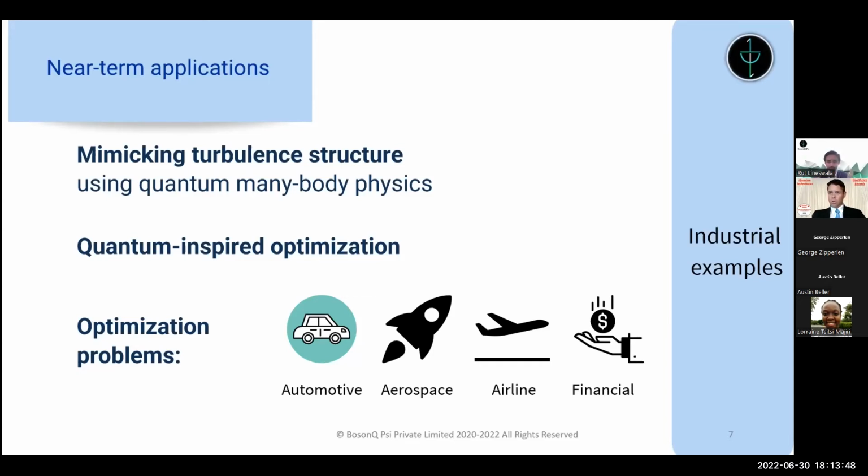And so what they're trying to do is use quantum inspired or quantum phenomena to recreate that. That's one aspect of how quantum can be used, and this is one of the examples.